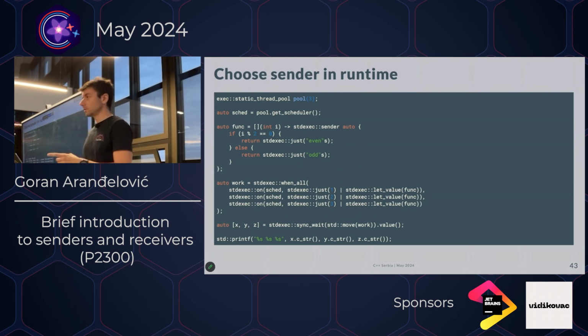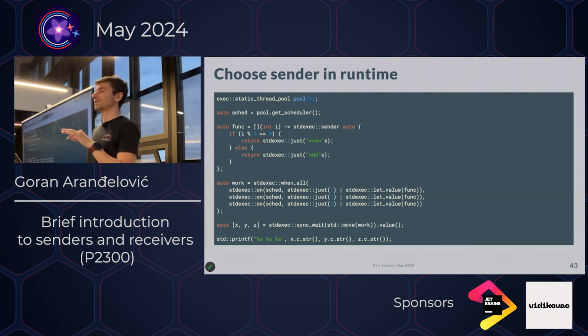What I was told is that let value is the most complex algorithm in the proposal. So all of these examples that you saw, like then, sync wait, even when all. If you imagine how you would implement the when all algorithm, it's easy to do that. We already saw sync wait. When all is just a little bit more complex, not more than that. But let value, as I'm being told, is the most complex one because you have different paths you can go.